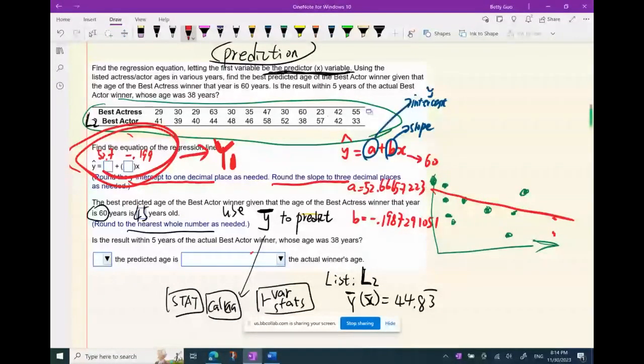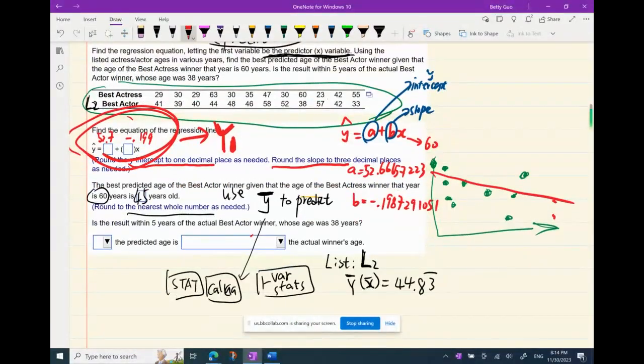So very, very important, the second part. Either with or without this type of problem in the test, this is a very important part. And the last question of this problem asks, is the result within 5 years of the actual best actor winner, whose age was 38 years?